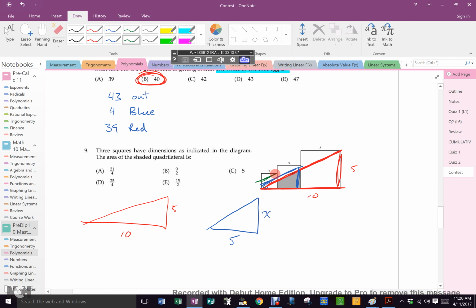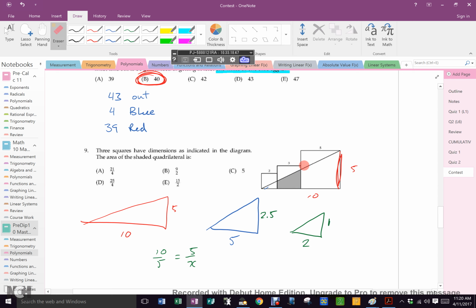And then there's the green triangle, which is 2 by y. Now, all those are similar triangles, so compare them. 10 over 5 has to equal 5 over x. Cross multiply, x equals 2.5. Here, y has to equal 1.